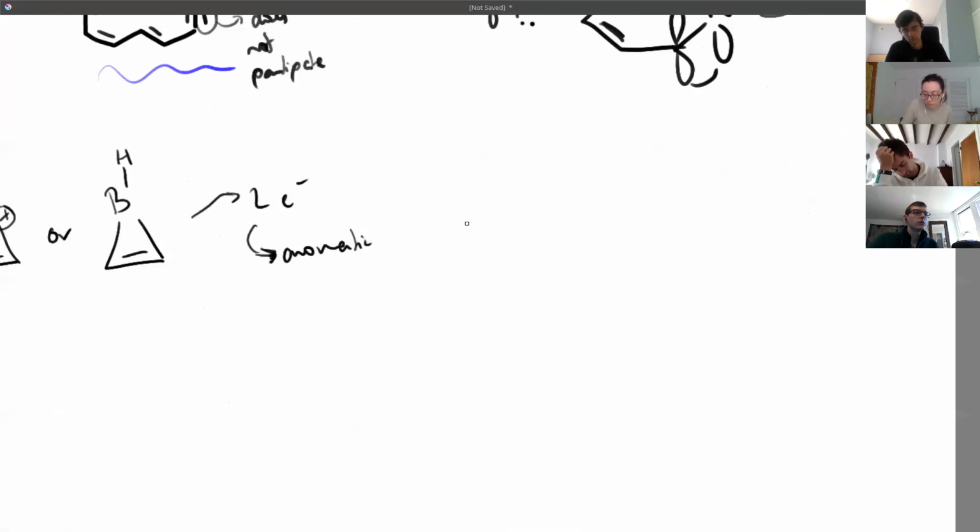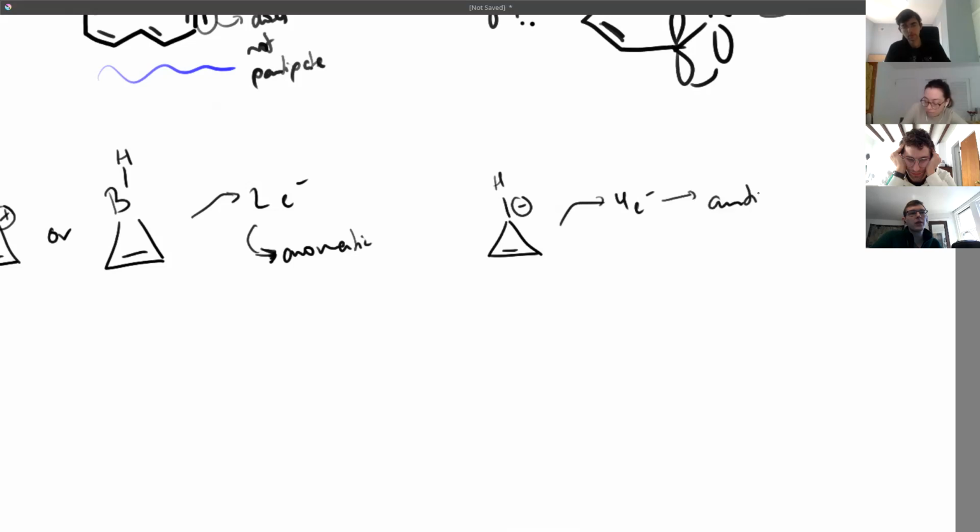So if we had a negative charge here, then in that case, these would all be anti. It would be 4 electrons, so it's anti. All these carbons have their pi electrons. They're all sp2 hybridized. Okay, all good, right?